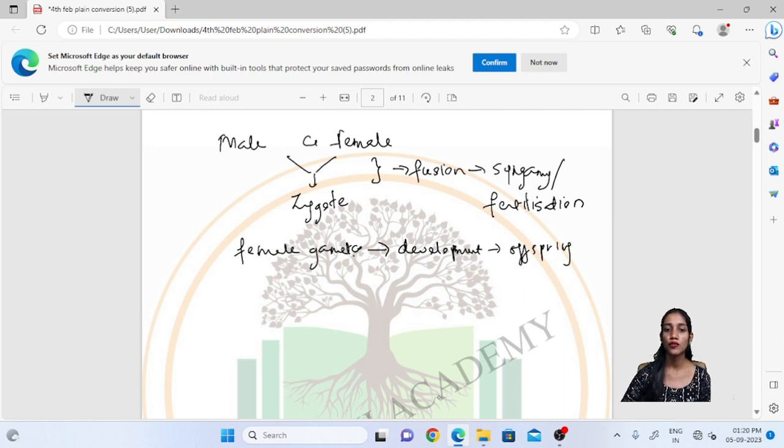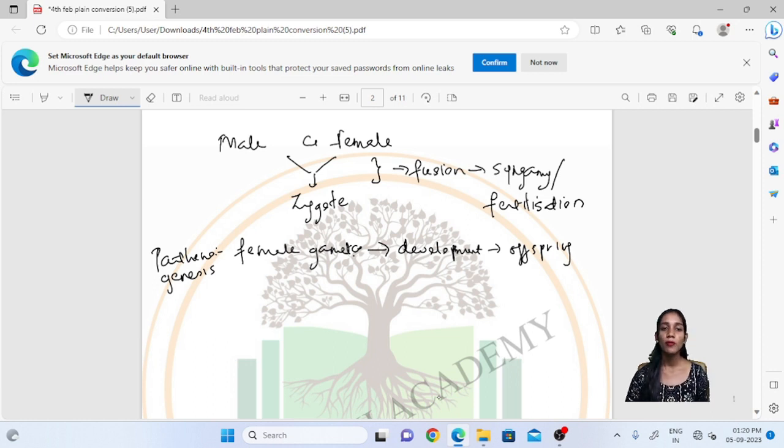It will be just the female gamete which will undergo development and give rise to offspring. And this process is called parthenogenesis, wherein the female gamete develops to form the offspring and there is no fusion of gametes. So in the parthenogenesis process, there is no syngamy.